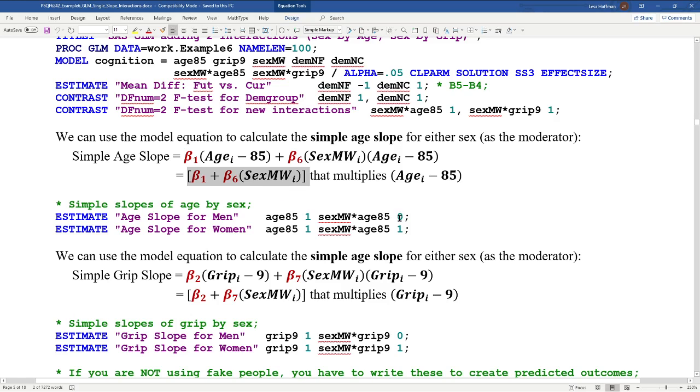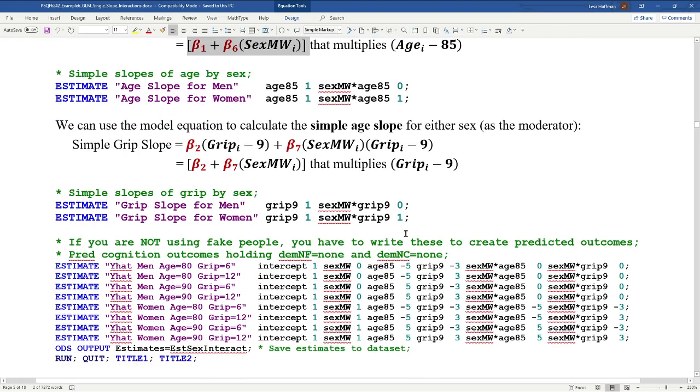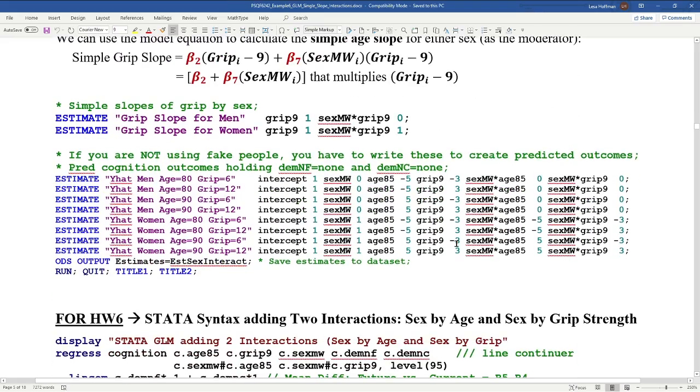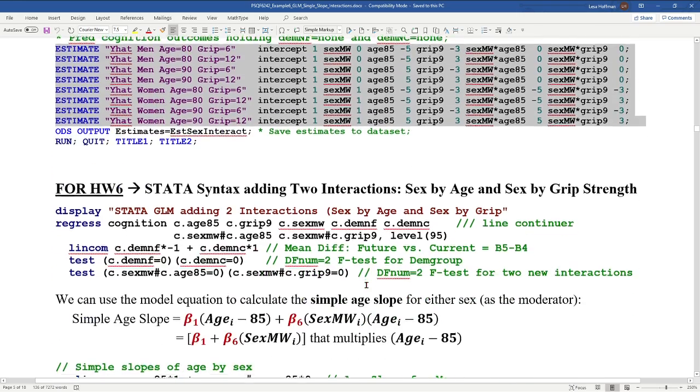In this case, men are 0 and women are 1. Do the same thing for grip. So we have the grip main effect and then the moderator for gender of that. And then this is how I created predicted values for men and women with high and low values of age and grip strength to be able to make a picture.